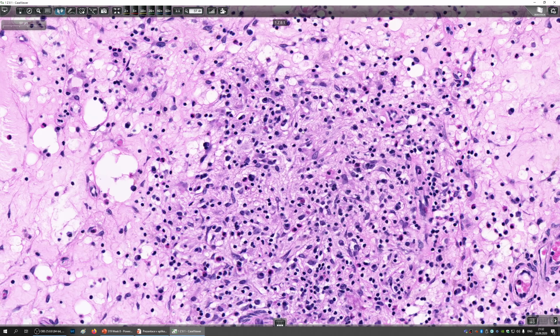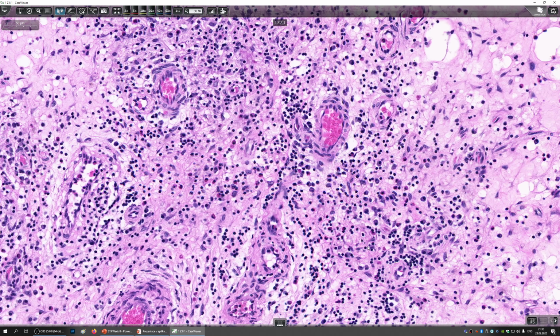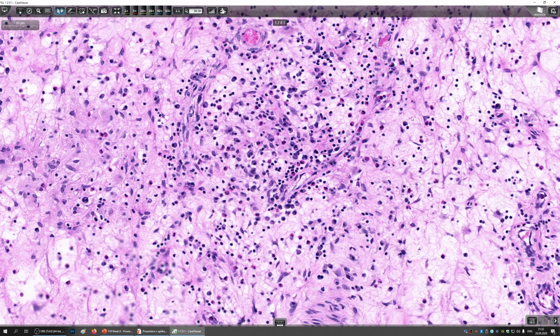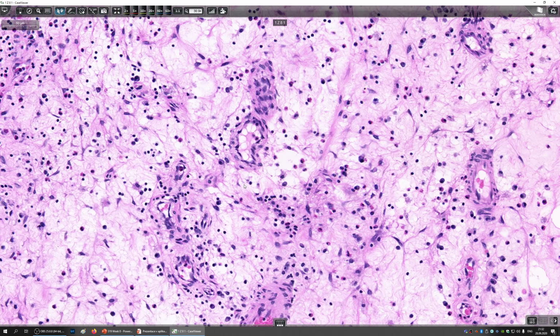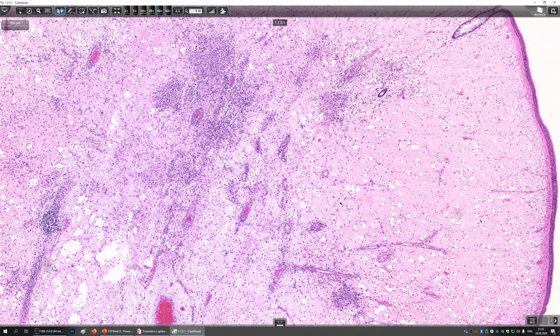Let's see here. There's a lot of inflammation. There is some neovascularization. So in inflammatory processes you can have fibrosis and you can have a development of new vascular spaces. So no Russell bodies yet, so I won't be wasting any more time on this. Let's move to the next.